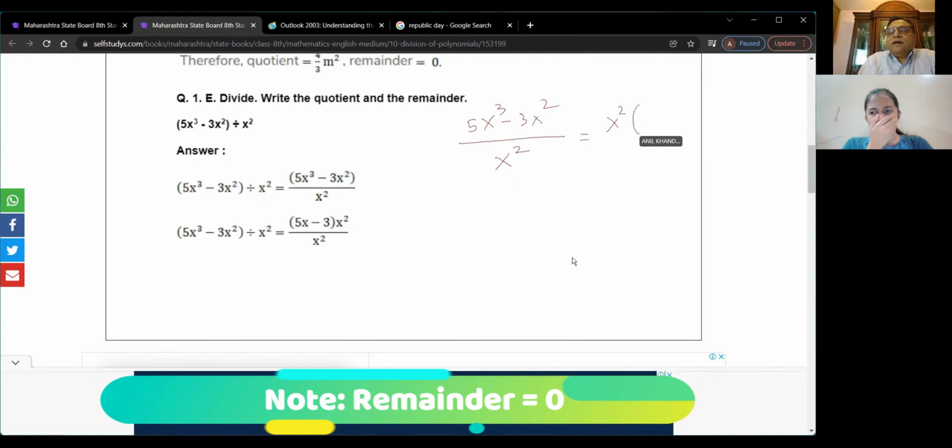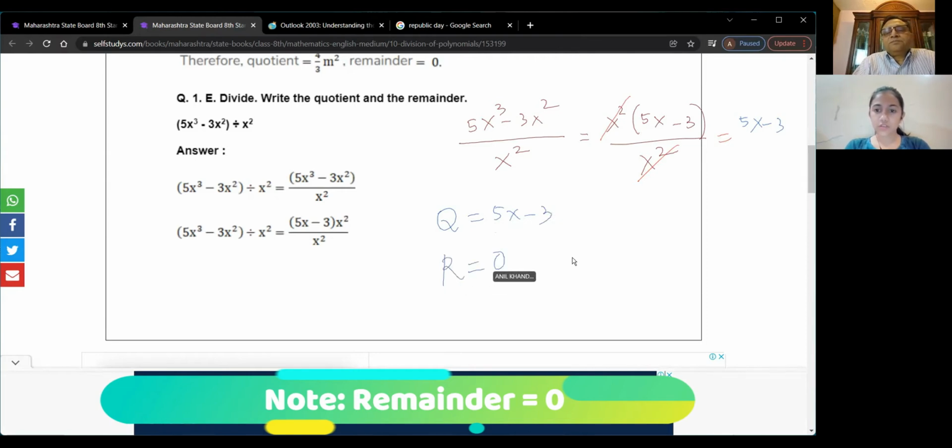So you get 5x minus 3 divided by x squared. And now you can cancel x squared and x squared to get the result, which is 5x minus 3, correct? And therefore, you know that the quotient is 5x minus 3 and the remainder is 0.